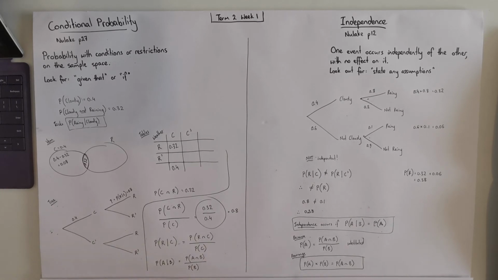Granted, in a slightly more difficult problem, we may need to use our conditional probability formula as well. But in the more simple questions, we can get away with just using this simple rearrangement. If you have the probability of A and B, or cloudy and raining, multiply them together. If that is the same as your intersection, then the equation is satisfied and they are independent.